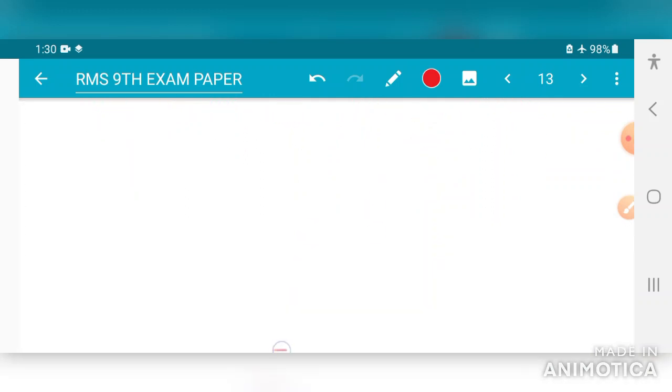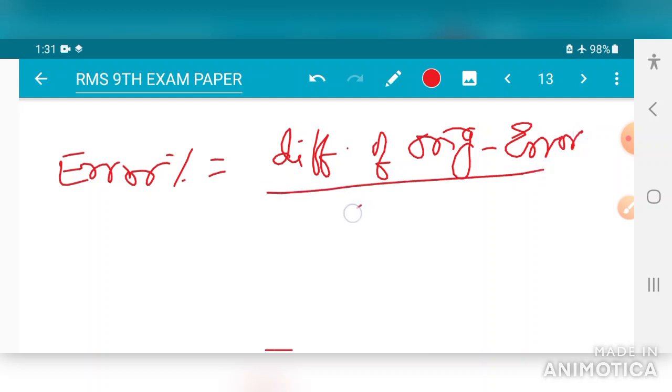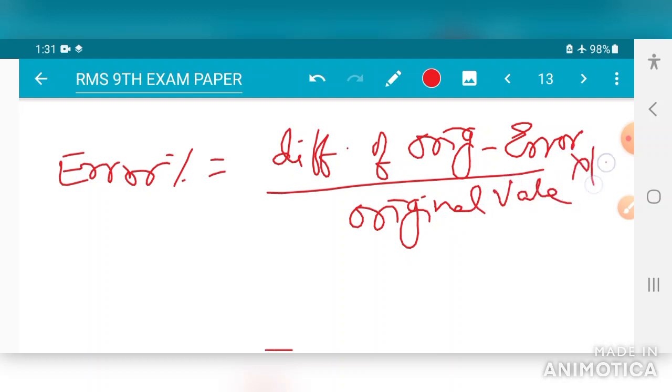There is one formula for error percentage: error percentage is the difference between the original and the error, upon the original value, into 100. This is the error percentage formula.